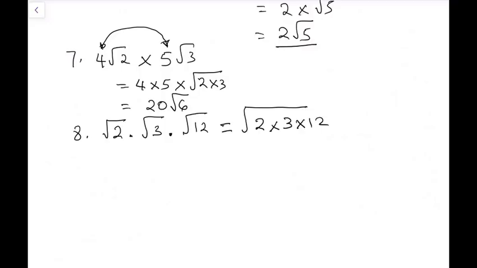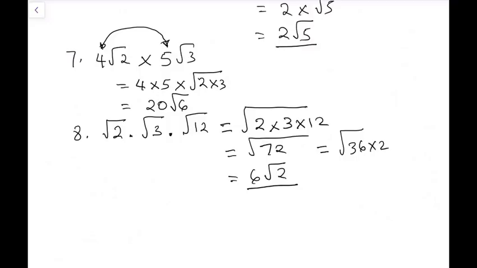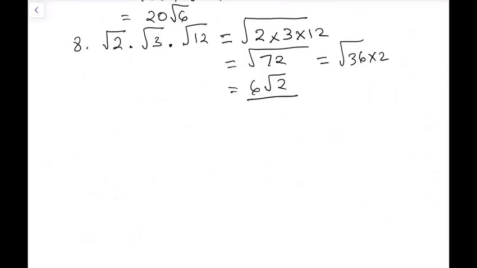That should be 6 times 12, and that will give us 72. If we multiply it, 6 times 12 will give us 72. And we can break this down just like we did in our previous question. If you look at question number 3, we have 36 times 2, and if we break it down further, it will give us 6 root 2 in the end. So break it down to the last surd value that we can determine.